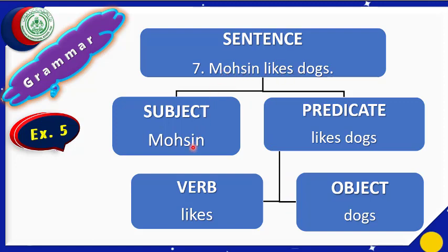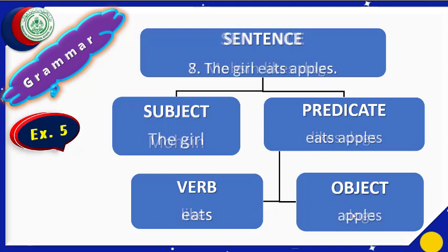What is the subject? Mohsin. Predicate is likes dogs. Likes is the verb and dogs is the object of this sentence. Let us move to part number 8. In this part, the girl eats apples. What is the subject? The girl. Predicate, eats apples. The verb will be eats and apples will be the object of this sentence.